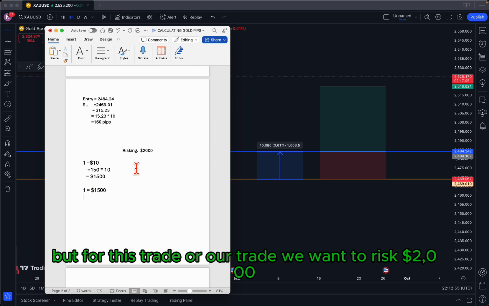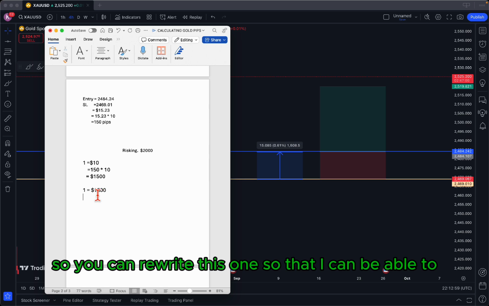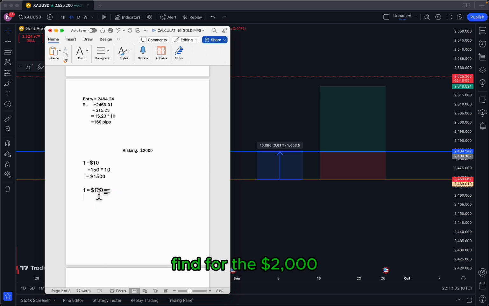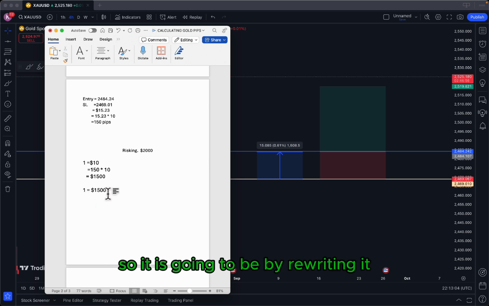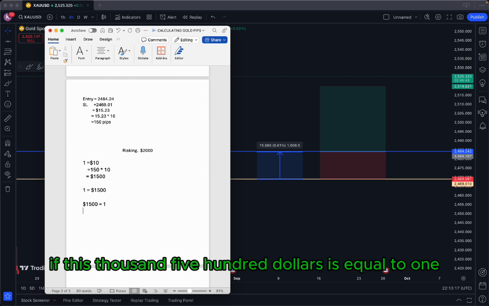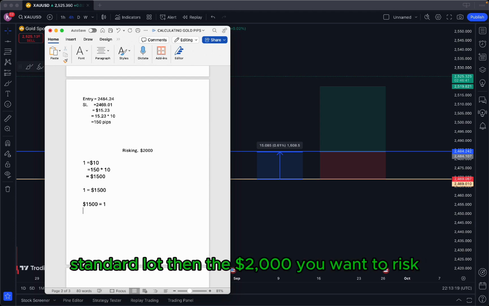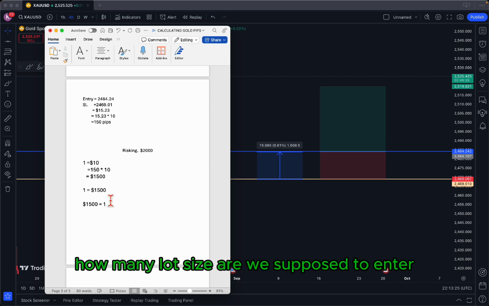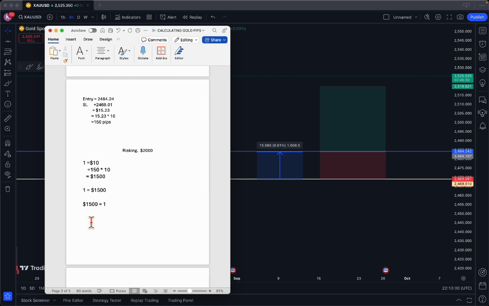But for this trade, you want to risk $2,000. So you can rewrite this so that you can find the lot size for the $2,000. So if this $1,500 is equal to one standard lot, then for the $2,000 you want to risk, how many lot sizes are we supposed to enter?